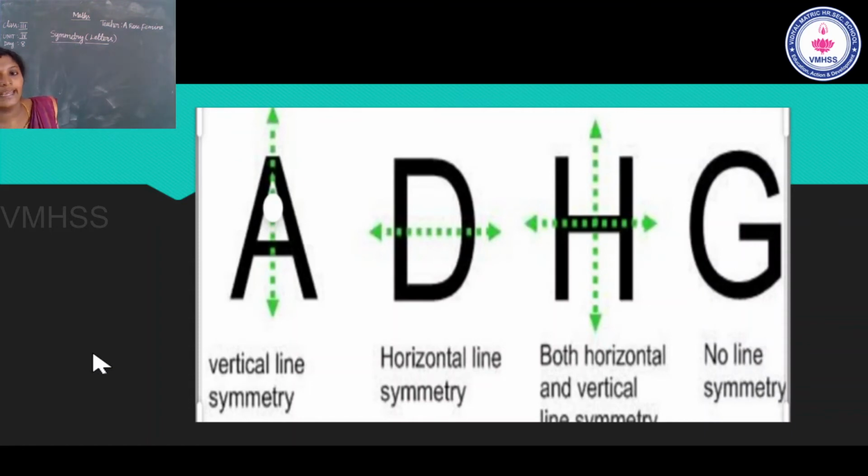You already know letters A and D. Now I write H. I divide the symmetry using a ruler and take a pencil. This letter has both horizontal and vertical line symmetry.